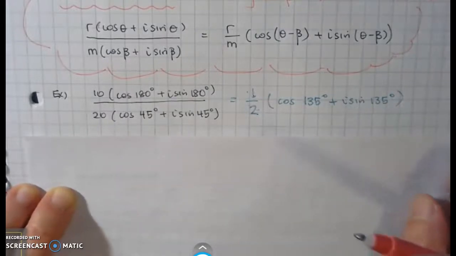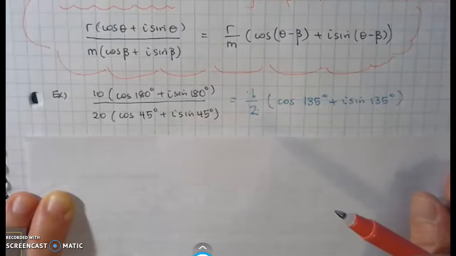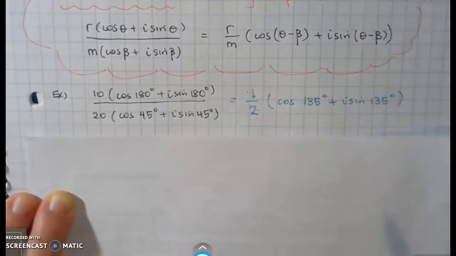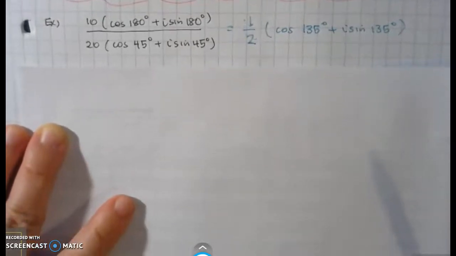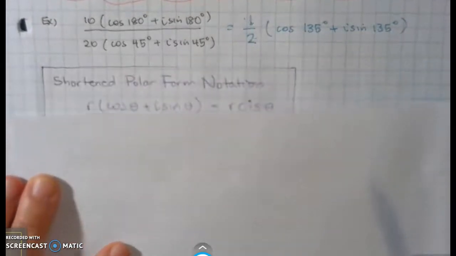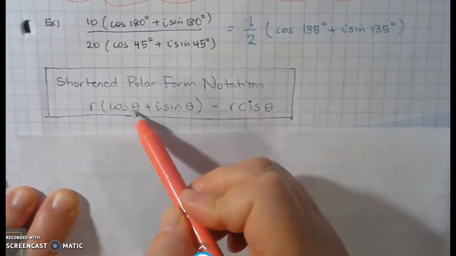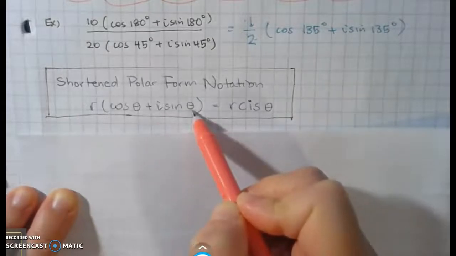You see, mathematicians are efficient, or another way of saying that is we're a little bit lazy. If there is a more efficient way to communicate the same thing, we're going to find that. And we have come up with a shortened polar form notation, because we are always dealing with the same angle.